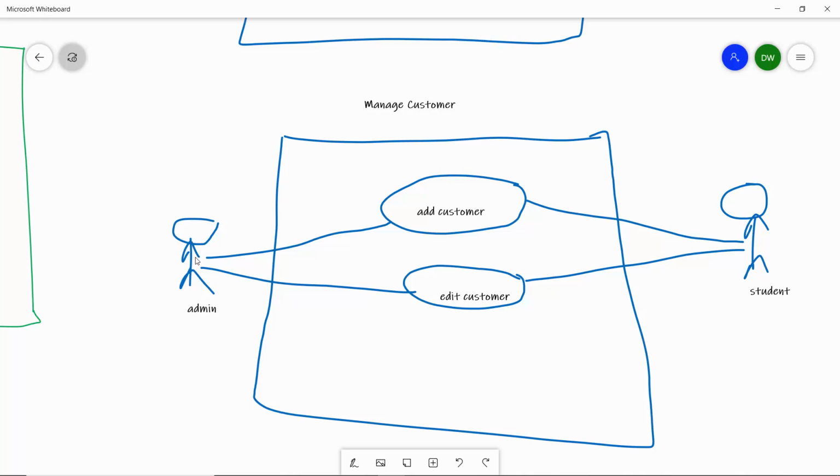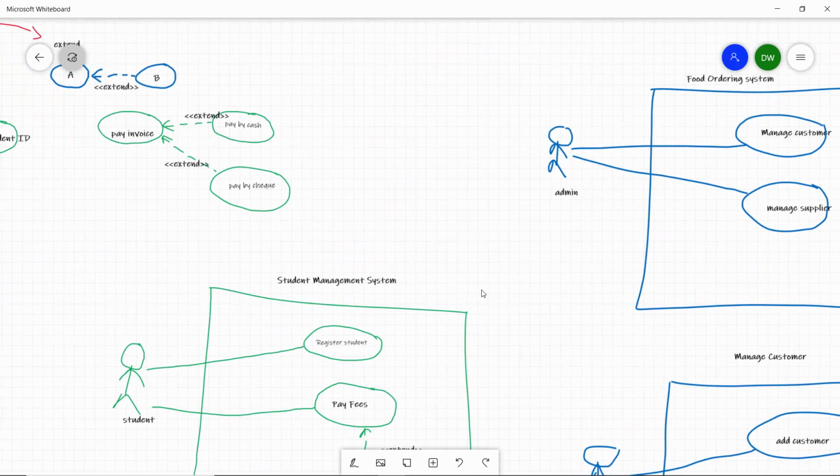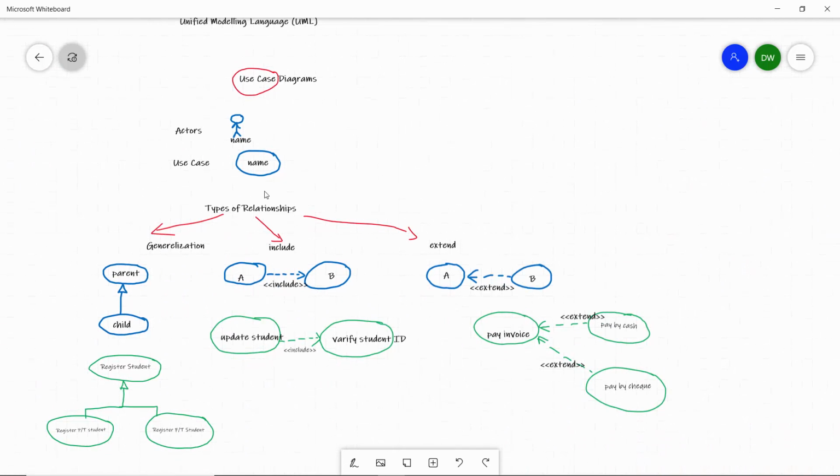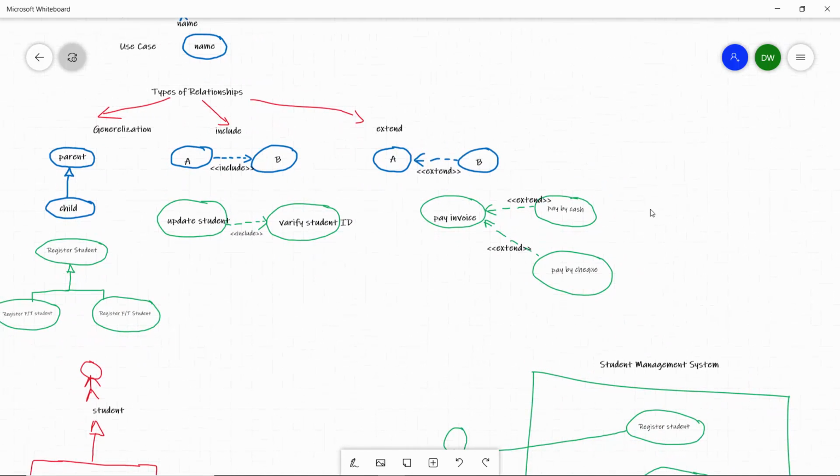And then you can draw the actors, and you can mark whether those actors are involved within these use cases. So that's what I wanted to tell you today. We have discussed the use case diagram, the things which are included in use case diagrams as actors, use cases, and relationships. And we have talked about three kinds of relationships: generalization, include, and extend.